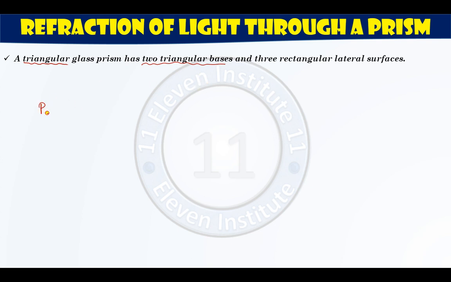Prisms have 5 surfaces, out of which 2 are triangular and 3 are rectangular. I hope this is quite clear to you. Let me draw over here. I will try my best to draw. We are having 5 surfaces for a prism.